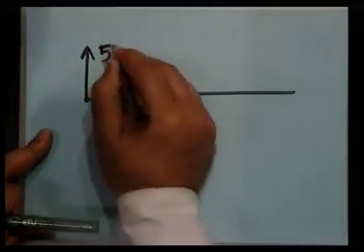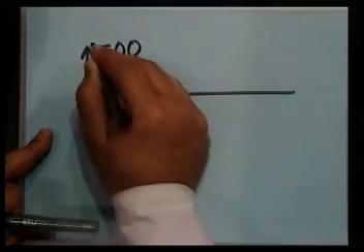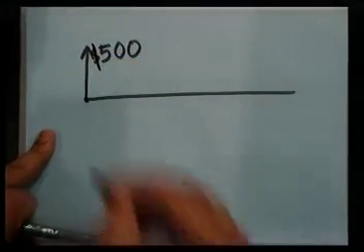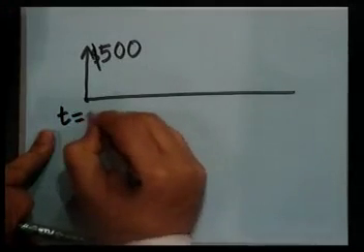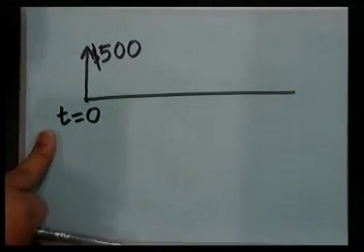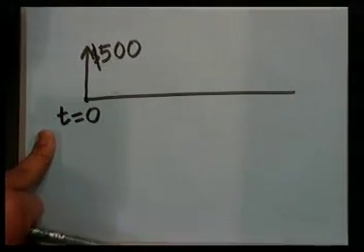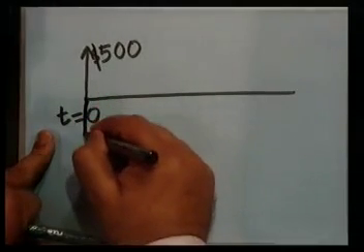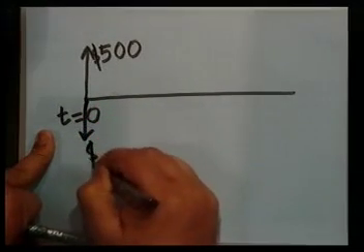So, here it is $500. This is time t is equal to 0. Suppose at the same time, right now itself, I have to pay $100 to someone. This $100 is going out of my pocket, so I will immediately show it on the negative side, $100.